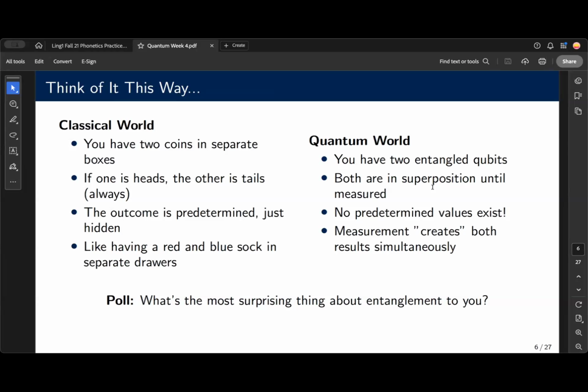So there are no predetermined values that exist, and measurement, or the action of opening the box and looking at what states they're in, creates both the results simultaneously. So that's how we know that if we unbox the qubit here in this room and measure it, we're going to know what the other qubit looks like in China without even traveling to China and figuring it out.